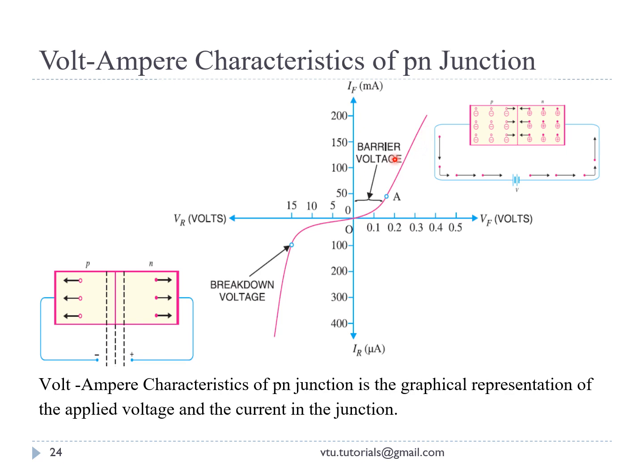From the forward characteristics, it is seen that at first the current increases very slowly, O to A. There is a small increase in current and the curve is non-linear. It is because the external applied voltage is used up in overcoming the potential barrier. However, once the external voltage exceeds the potential barrier, the PN junction behaves like an ordinary conductor.